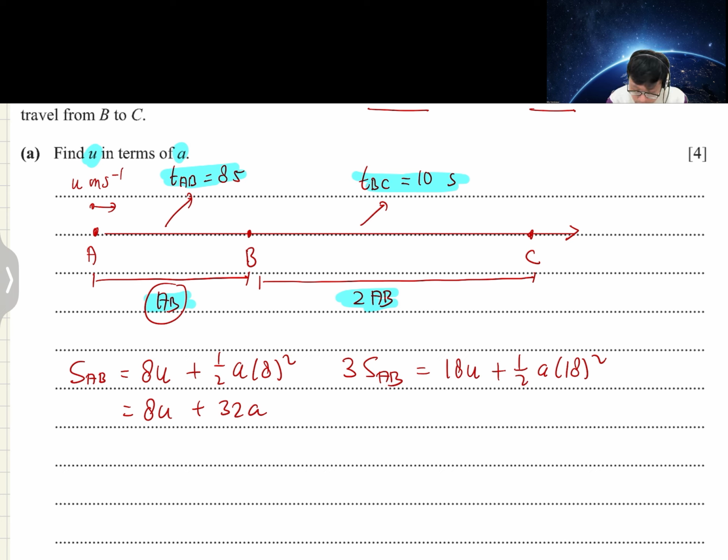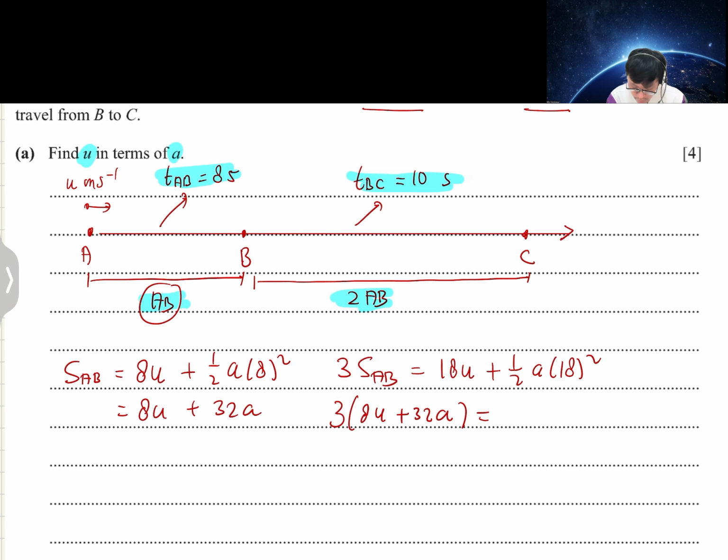So from here, we get 3 times s AB, you plug in 8u plus 32a, equals 18u plus half times 18 squared, which is 162a.